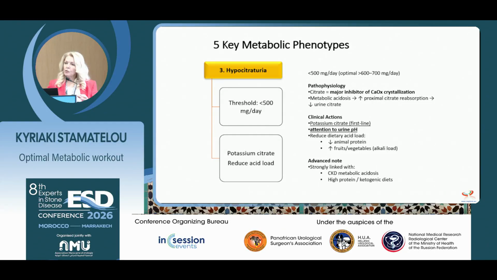There are issues that can be connected to hypocitraturia: some degree of chronic kidney disease, and also acidosis, because it causes metabolic acidosis, and also some types of diet. Large quantities of meat or ketogenic diets can cause hypocitraturia.